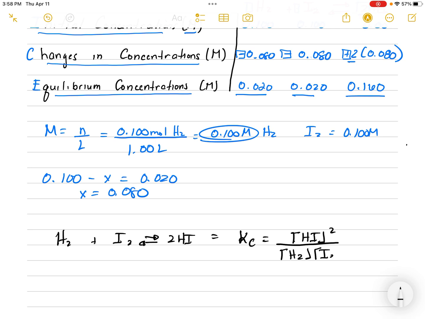Even though these are in the gas state, remember that we are given the molar concentrations, not their partial pressures. So we still use this mass action equation here, okay?